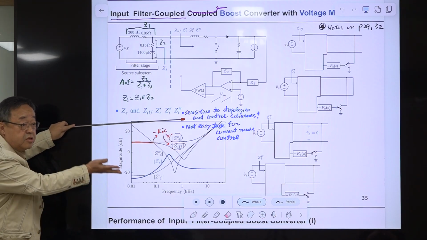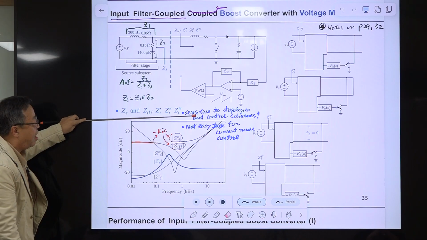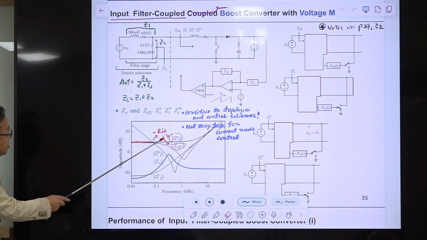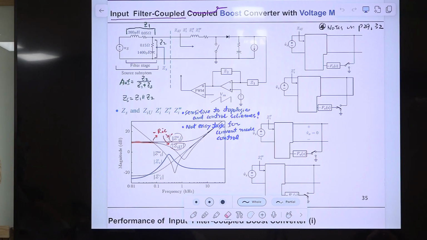So I derived this. During that process, I used the EET many times. With that, I derived this, and later on, some curves will show up which compare this with the simulation result and experimental measurement. They are almost the same.